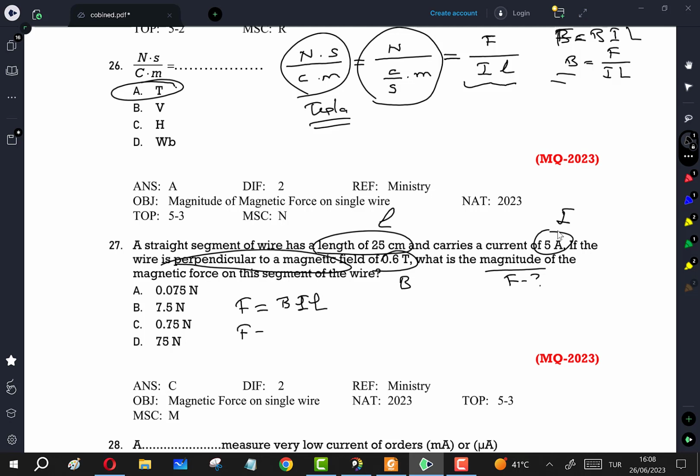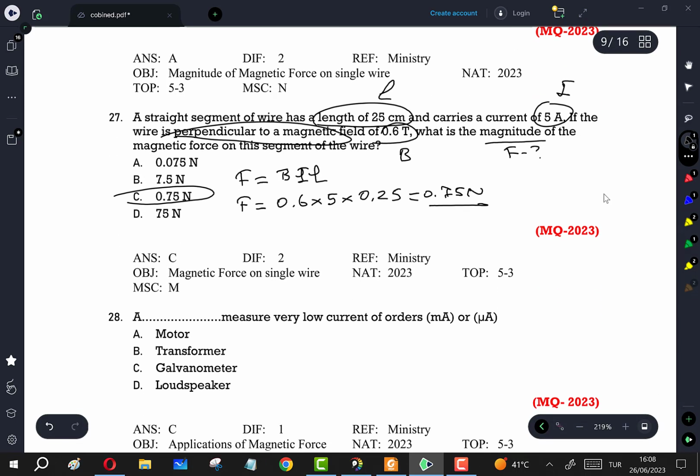So force is equal to B is 0.6, I is 5, L is 25 centimeter, 0.25 meter. Multiply them all. 0.6 times 5 times 0.25. Result is 0.75 Newton. C is the correct answer.